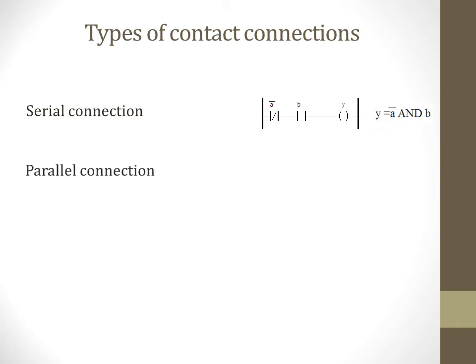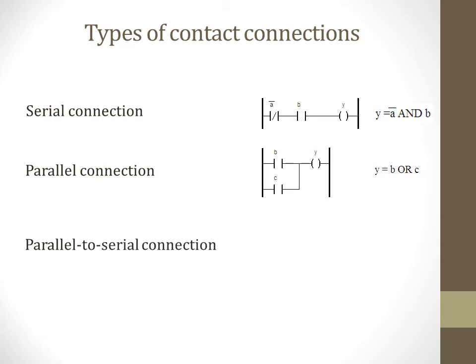Next connection is parallel connection. This is a picture of parallel connection. If we have such connection, we can describe it by this equation. It's implementation of logical operation OR.